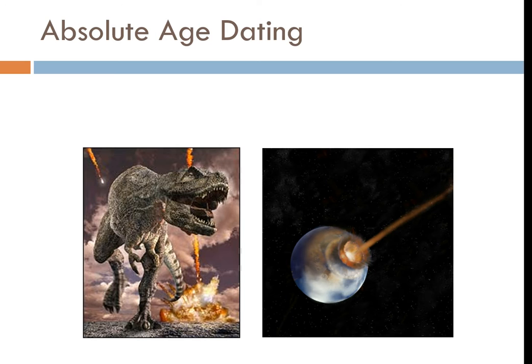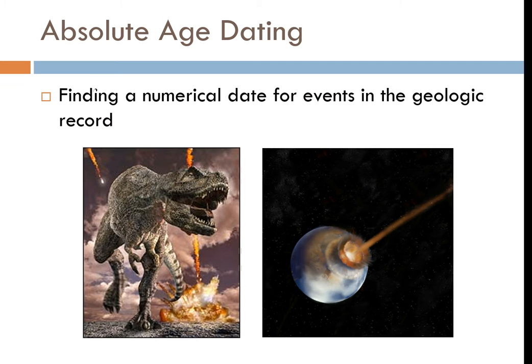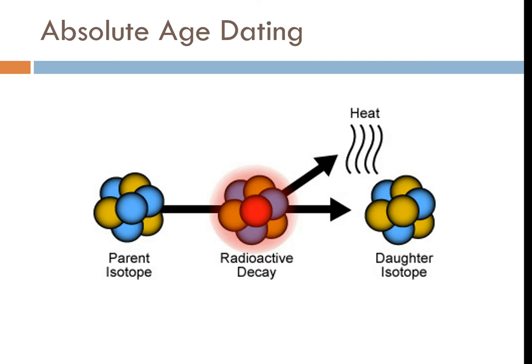Now, this has only been an option for us since about the 1950s. And the key to this is radiation. All right? And so what we know is there are certain isotopes that are unstable. And unstable isotopes undergo radioactive decay to become more stable.